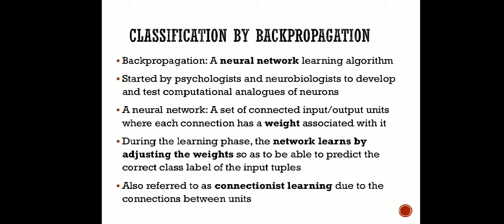During the learning phase, the network will learn by adjusting the weights. Let us say we have 4 inputs. You will see there will be different layers, but I am not going into that now. We combine different inputs and generate some outputs, and for that set of inputs we know the actual output.